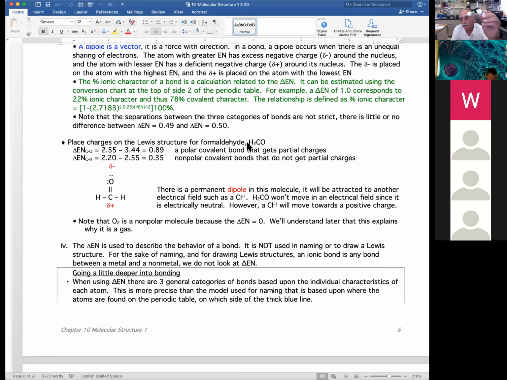Now this particular one, the shape is described as pyramidal. This particular one is described as being bent. But the reason why it's bent is because these regions of electron density are repelling the other regions of electron density. What is this shape?